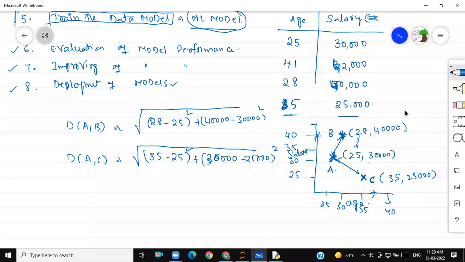Just by looking at the numbers, we can easily say that, to the point A, B is far away, and C is actually closer to A than B.